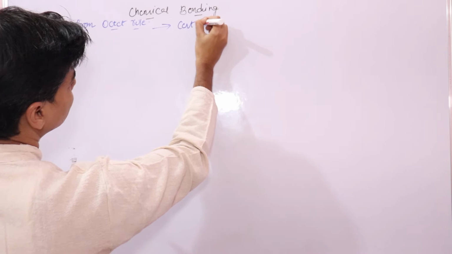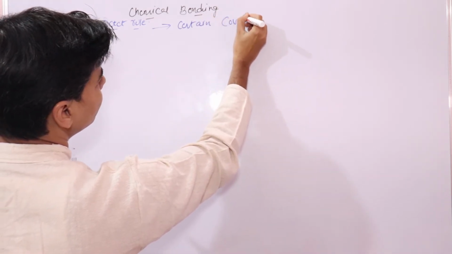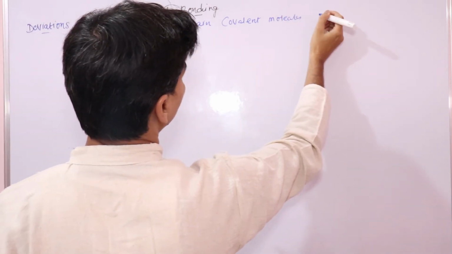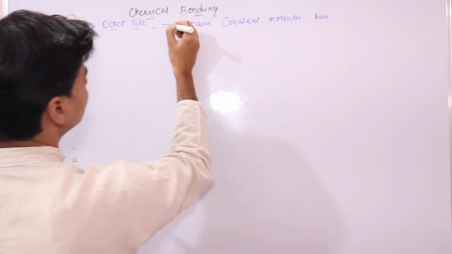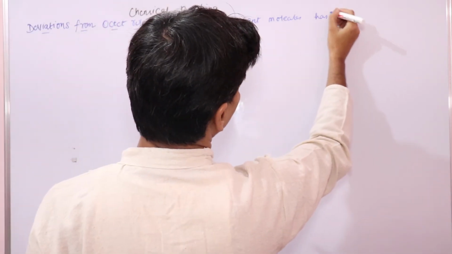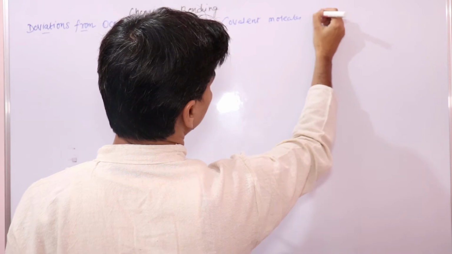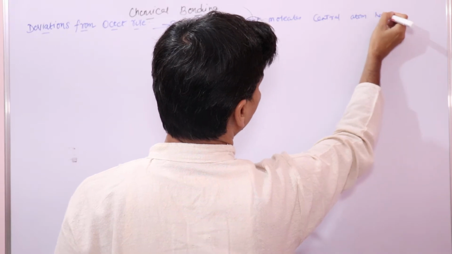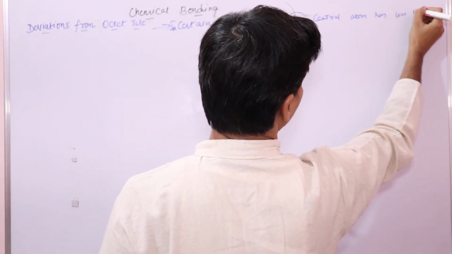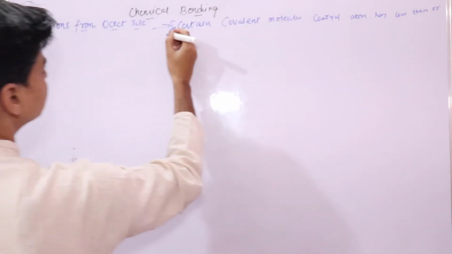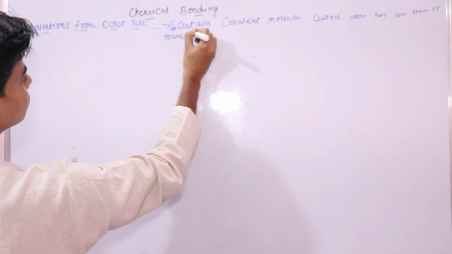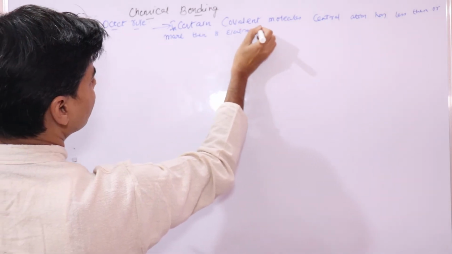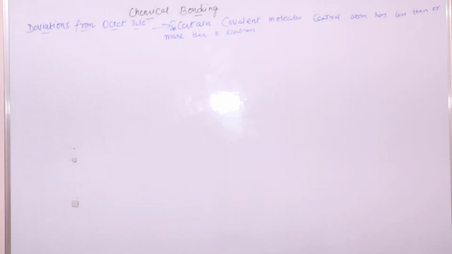So first, what this rule means: in certain covalent molecules, the central atom has less than or more than 8 electrons.